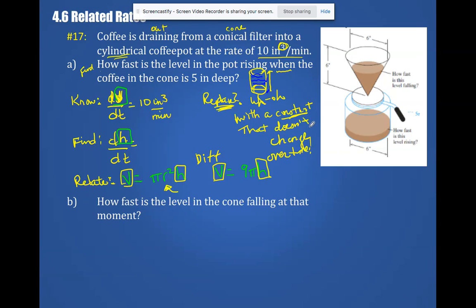But please always be very careful about putting in a constant before calculus. It can only be with something that does not change over time. I can't do that in a cone because the radius and the height change over time, but not in a cylinder. So differentiating, I get dV/dt is equal to 9 pi, which is just a constant, times, bring down the 1, h to the 0, which is just 1, dh/dt.